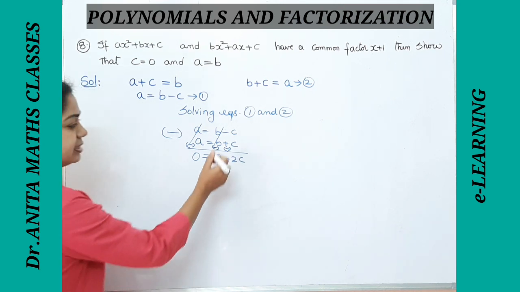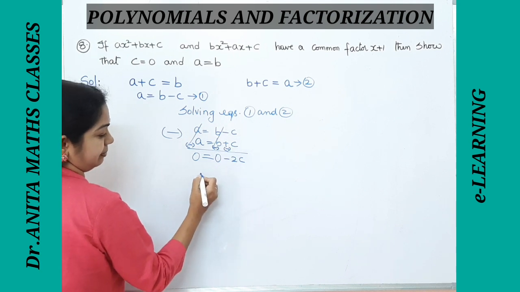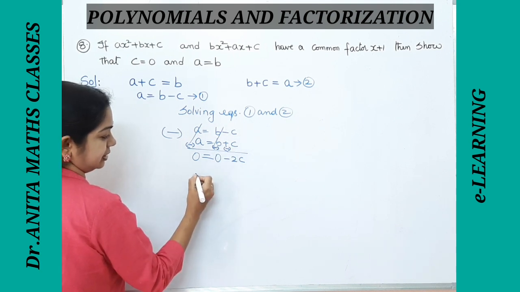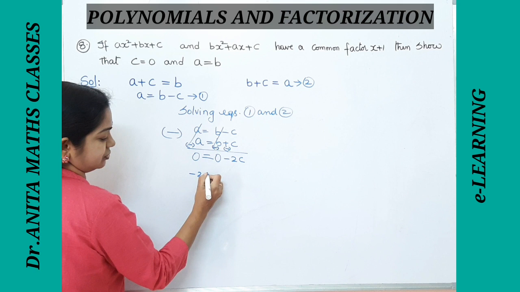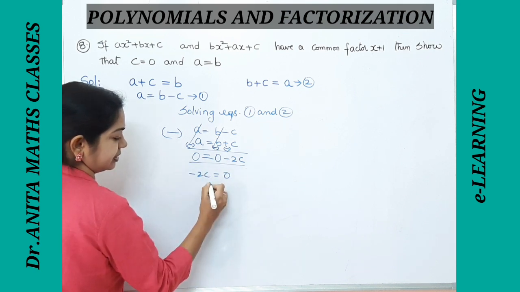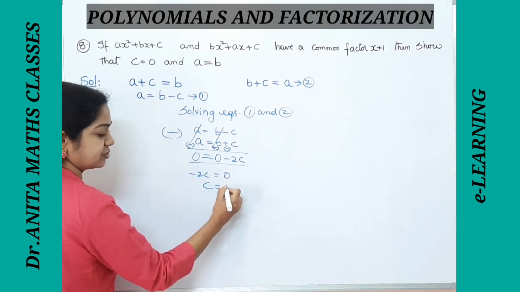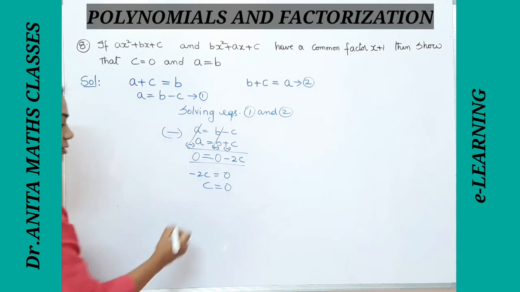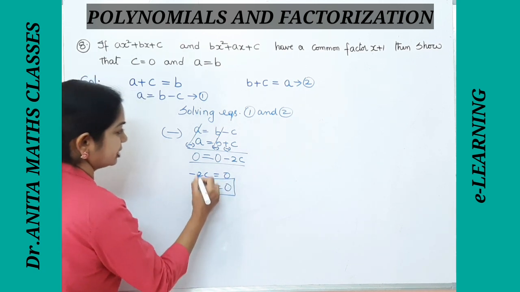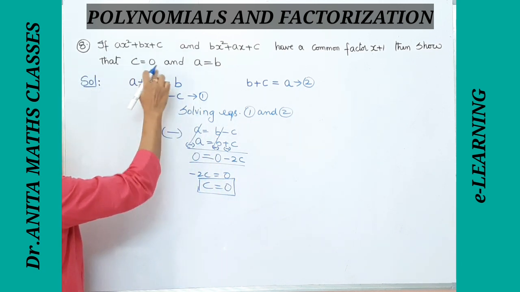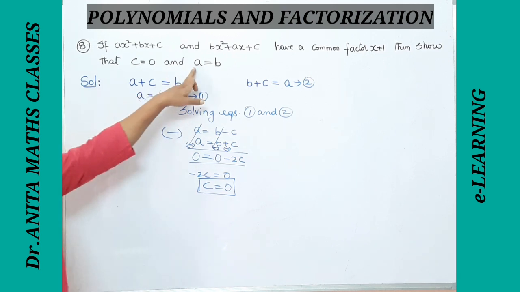So minus 2c is equal to 0. That means c equal to 0 by minus 2, which is nothing but 0. c equal to 0. We got one condition. So c is equal to 0. We proved this, and we have to prove a equal to b.